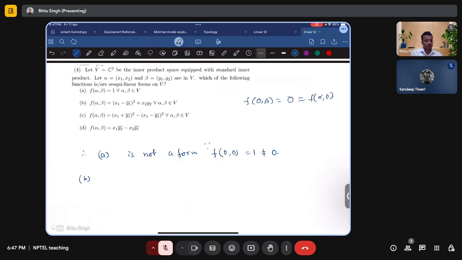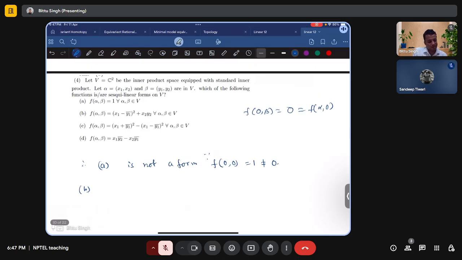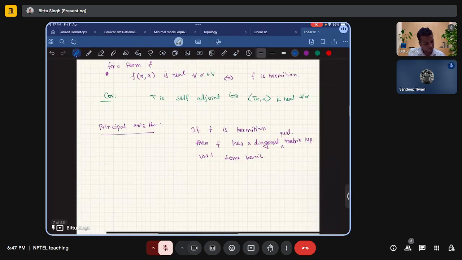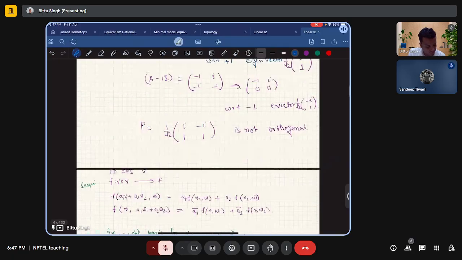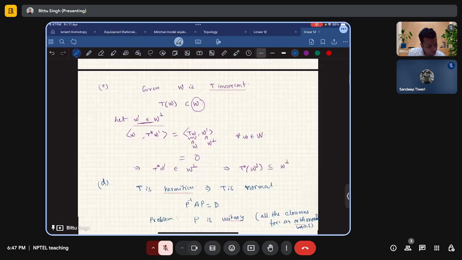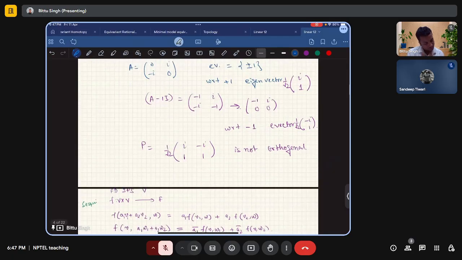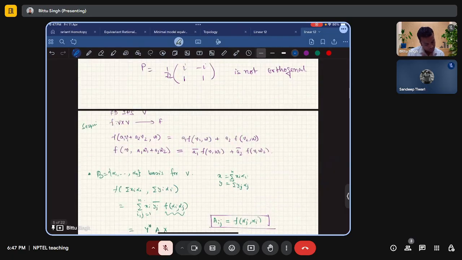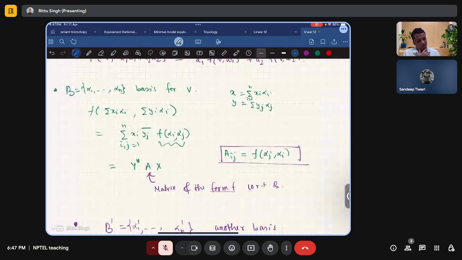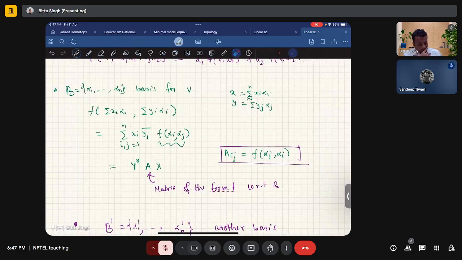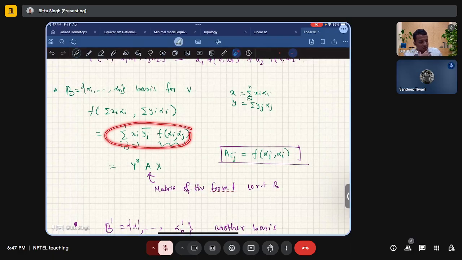Yes, absolutely. We have earlier seen that if we write the explicit formula, with respect to any basis it will look like this.